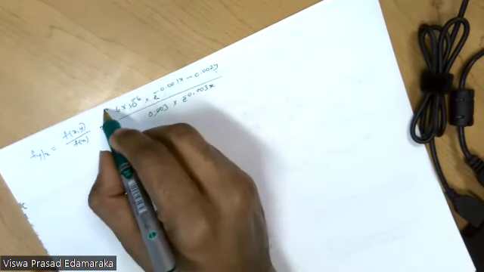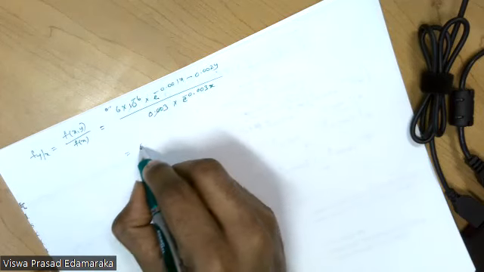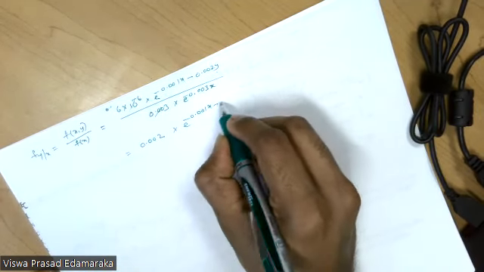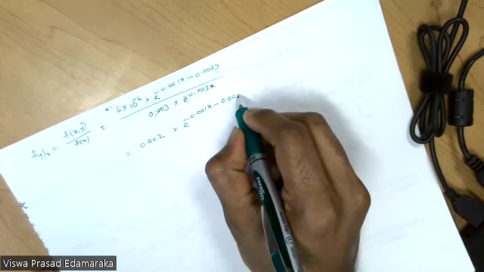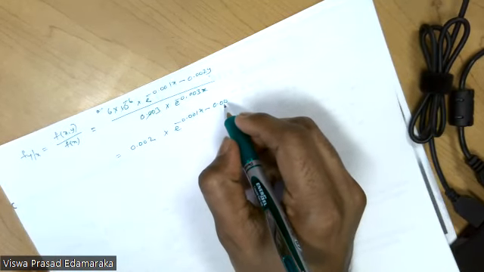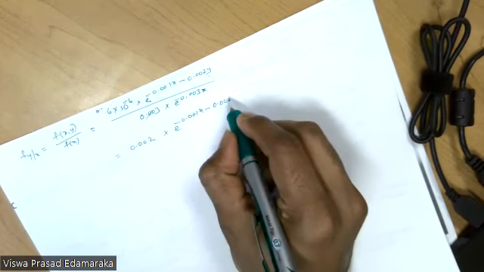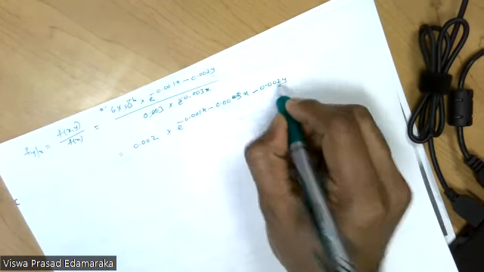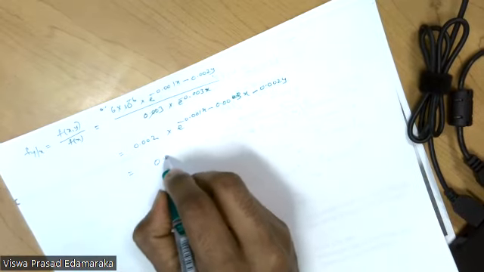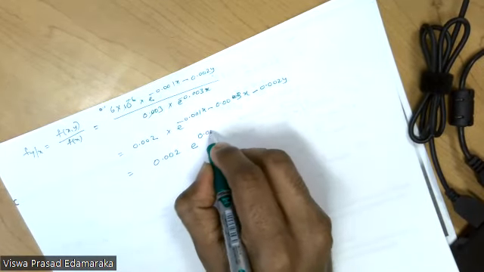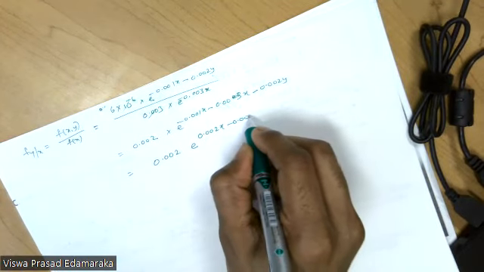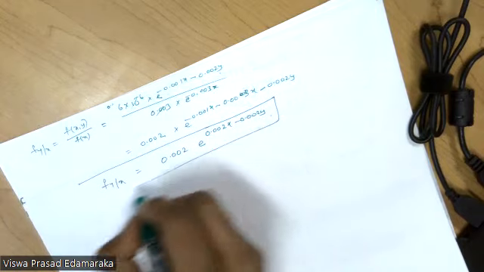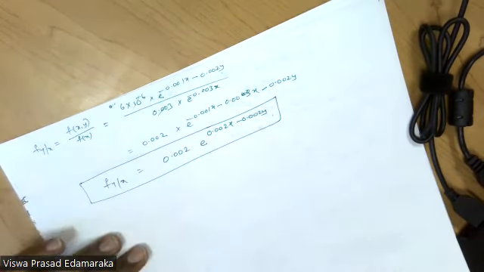So finally, 0.002 e power of 0.002x minus 0.002y. This is our f of y given x function. This is problem A.